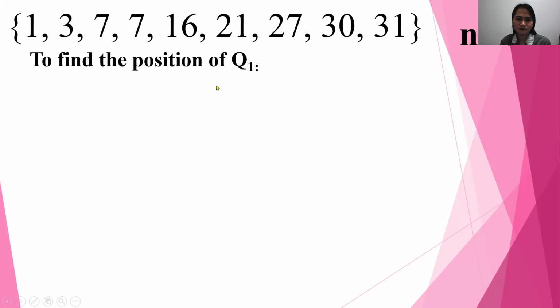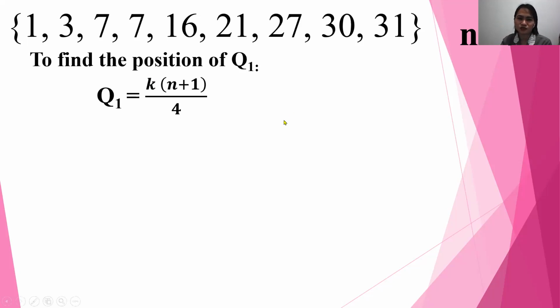From the data, to find the position of quartile 1, first we have to write the formula and substitute the values of k and n. So the value of our k is 1 and the value of n is the total number of distribution, which is 9.